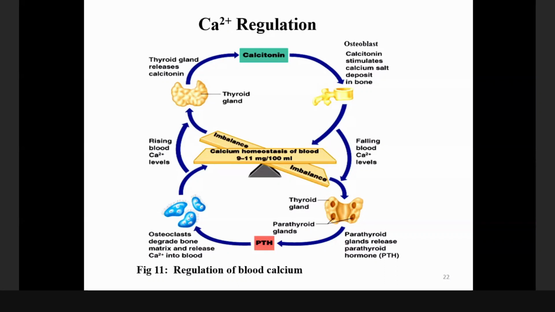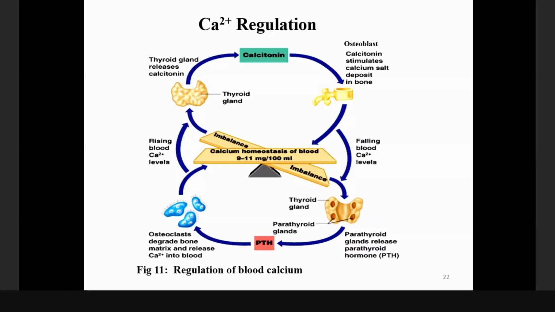Otherwise, when the calcium in your blood is reduced, there is a different process. The same thyroid gland is going to detect the reduction of calcium in your blood, but it is not calcitonin that is produced now, it is the parathyroid hormone. Then the parathyroid hormone antagonizes the effect of calcitonin, because these two hormones are called antagonistic hormones. They induce opposite responses from your body.